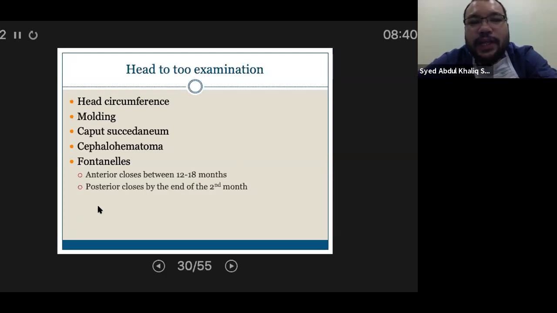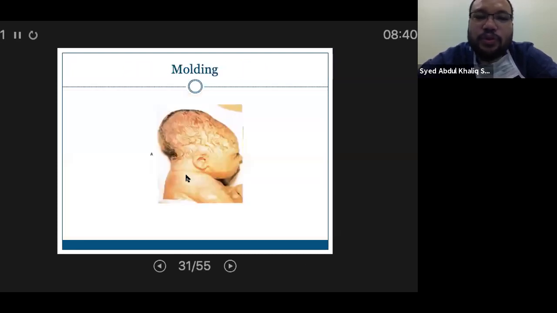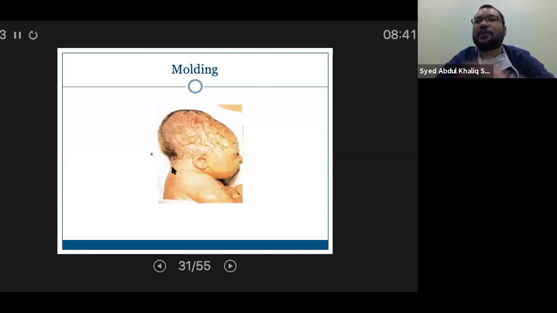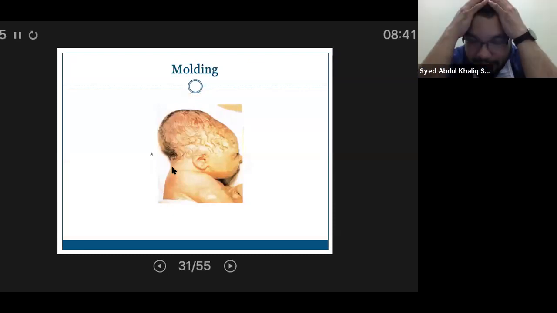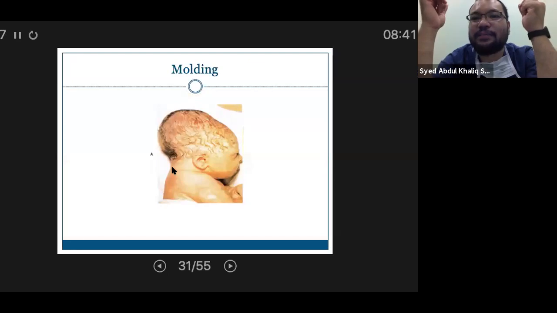You look at the fontanelles. The anterior fontanelle closes later, while the posterior usually closes much earlier, around the second month it has started to close. The problem you need to look at is early closure of the fontanelle, so it is abnormal as well. Molding is basically because of how the baby's head is positioned in the mother's pelvis.